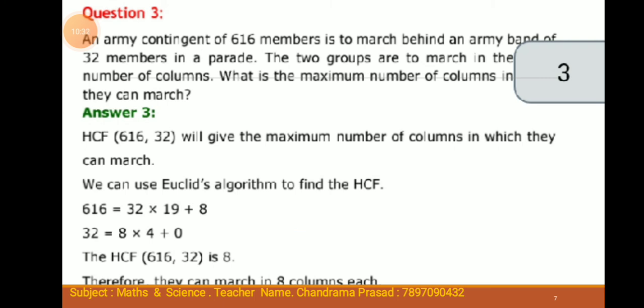Therefore, 32 = 8 × 4 + 0. Since the remainder is 0 and the divisor is 8, the HCF of 616 and 32 is 8. Therefore, the maximum number of columns in a parade is 8. This is the answer.